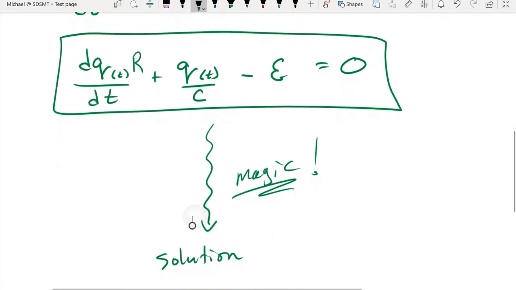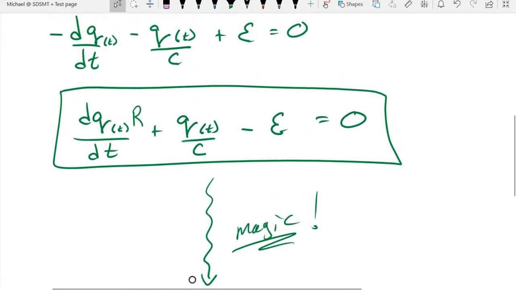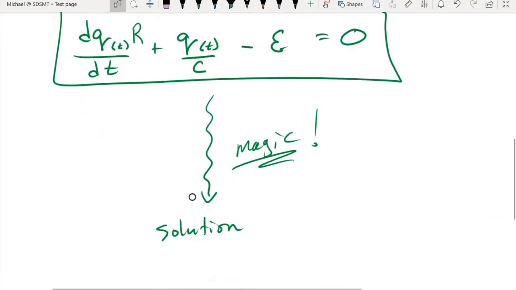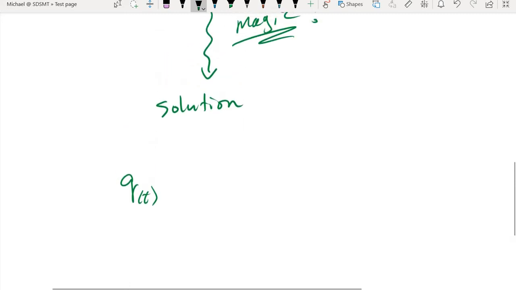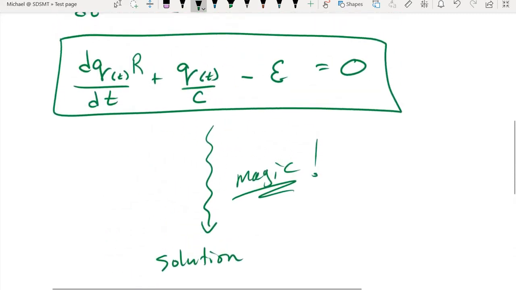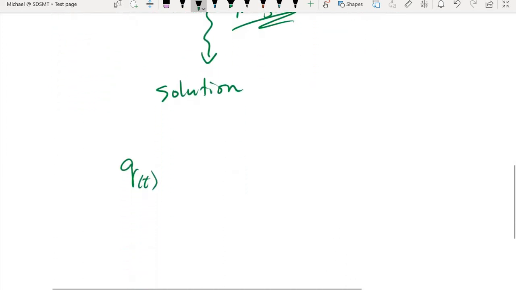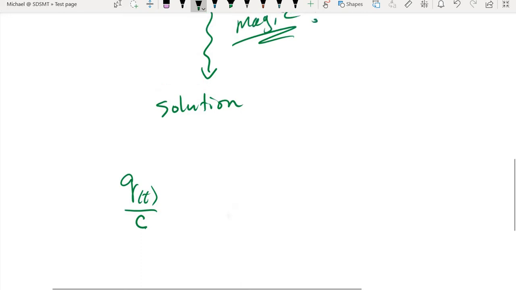When it comes to finding a solution for this, you are taking a function for your charge. So whatever Q(t) is, you're dividing it by a coefficient here, the value of your capacitor.